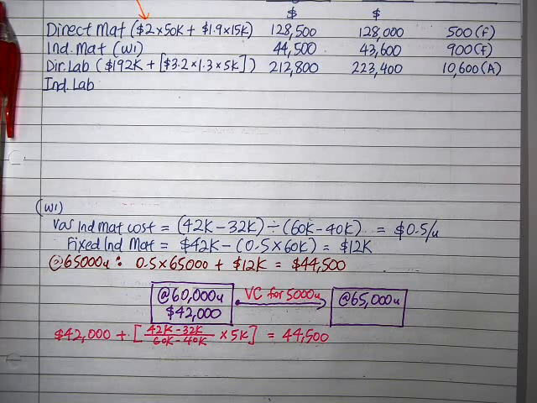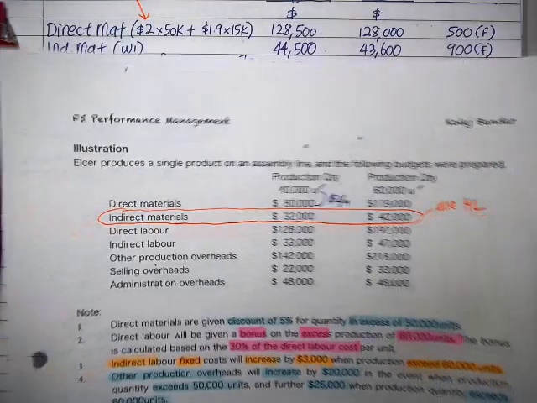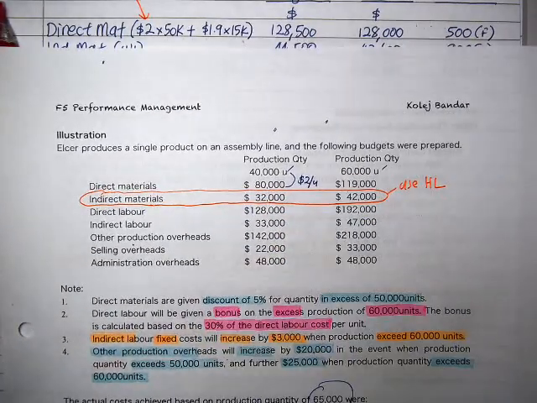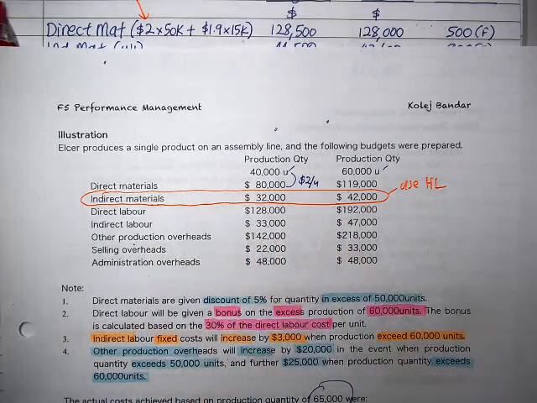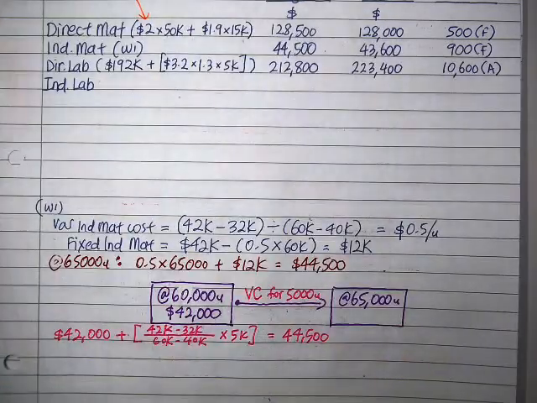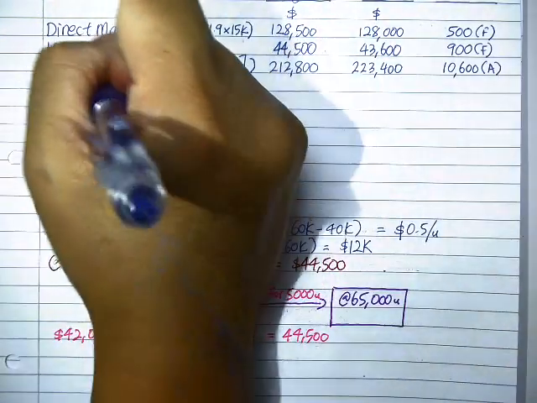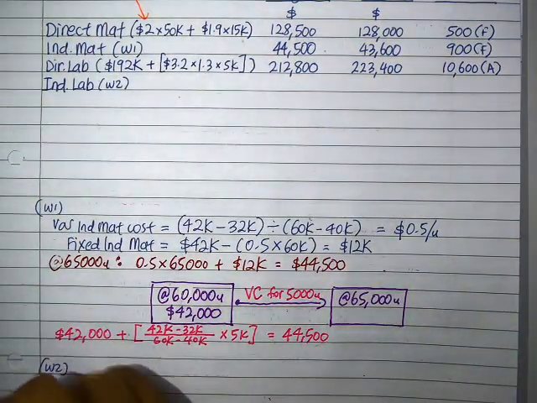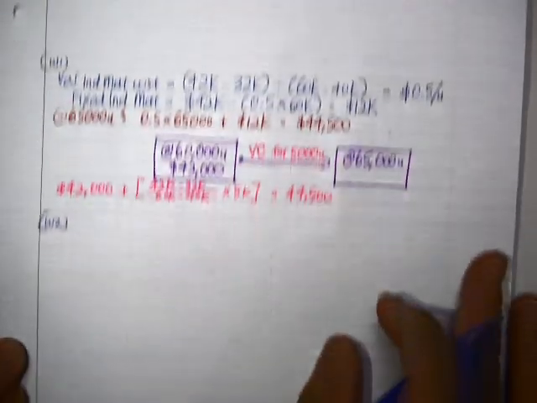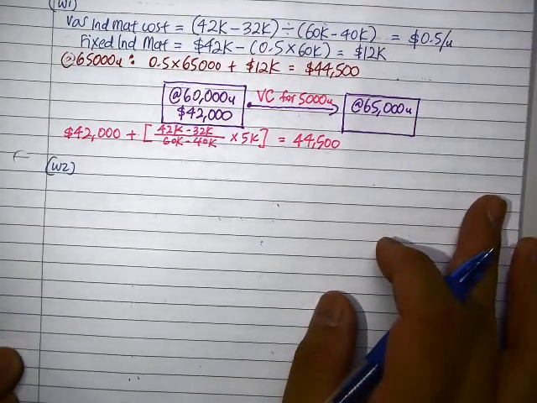It's only after you exceed, but so far, the amount that they gave me is up to 60. There's nothing exceeding. That means the cost here will not have any adjustment yet. So how much will the amount be if I want to calculate 65,000 units?